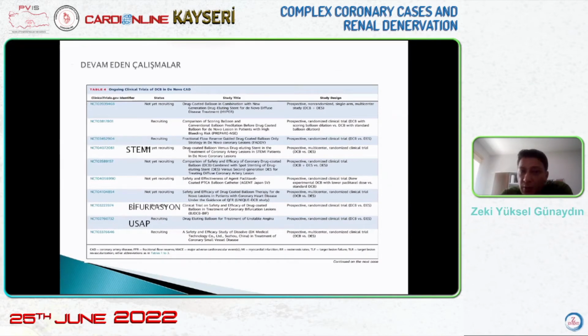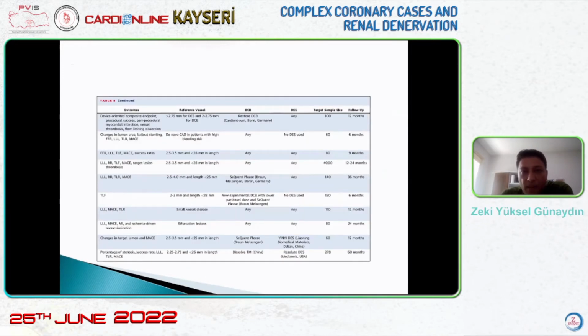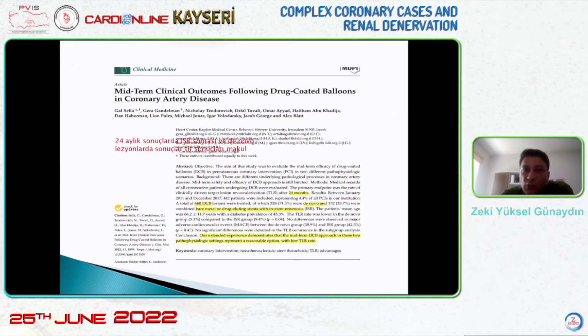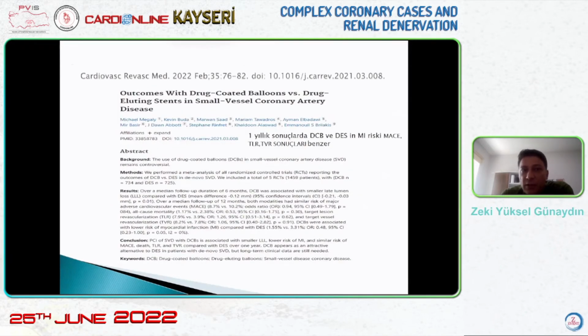Studies on bifurcation lesions and unstable angina pectoris go on, and you can see the details of those, and long-term studies are also going on. When we look at the mid-term results in new de novo lesions, the results are quite reasonable.